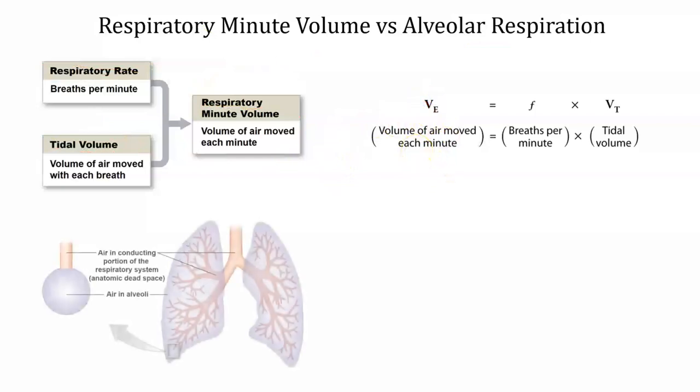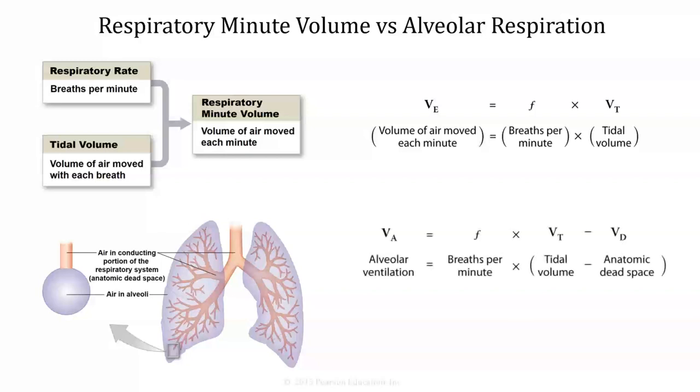This will be a different metric than what's known as the alveolar ventilation, which we would call V for ventilation A. To figure that out, you'd have to know what's known as the anatomic dead space, which would be all the volume occupied by the conducting airways here. You're never going to get that out.